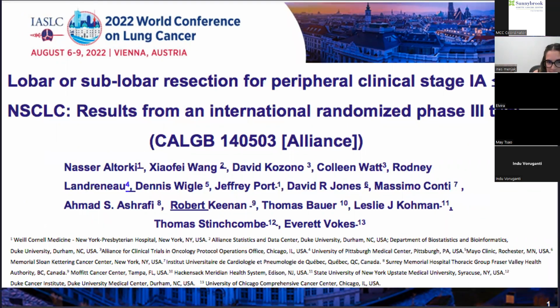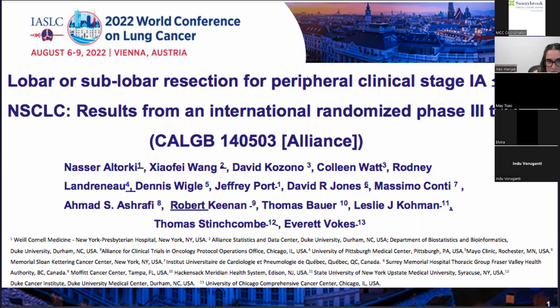The next one, which I think was one of the most important studies presented at the World Conference on Lung Cancer, is a North American phase 3 non-inferiority trial, CALGB 140503, which evaluated sublobar resection for peripheral clinical stage 1A non-small cell lung cancer equal to or less than 2 centimeters.